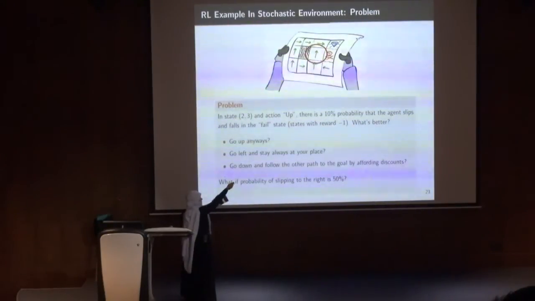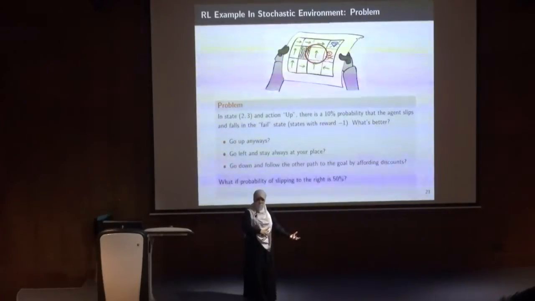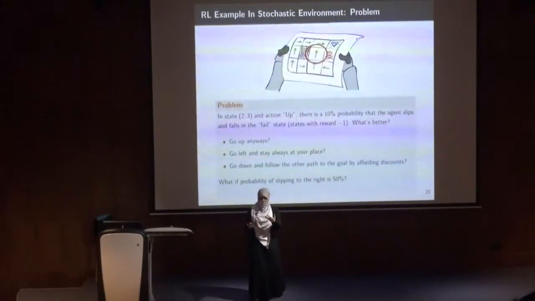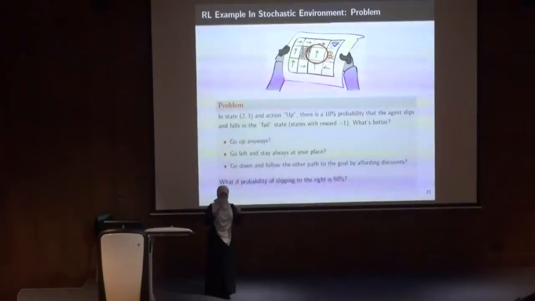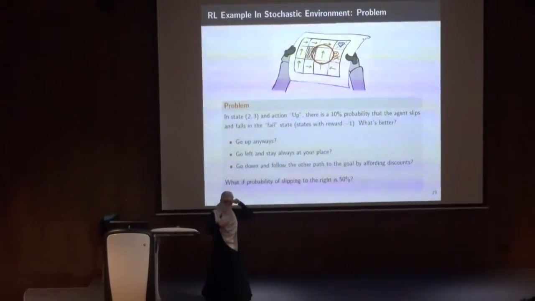Probably the best way is to go down and go all the way to reach the diamond. So it's a combination of the reward, of the probability function, of the discount factor. It's a combination of many components of this reinforcement learning problem.